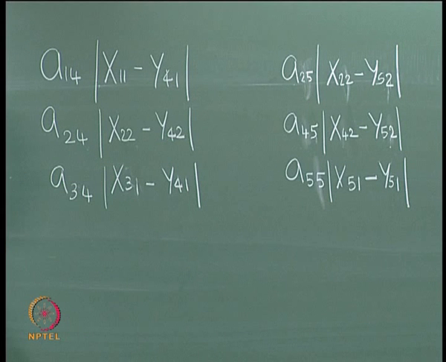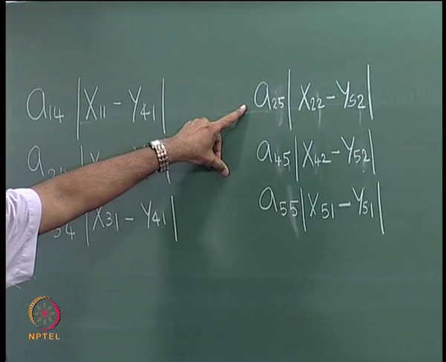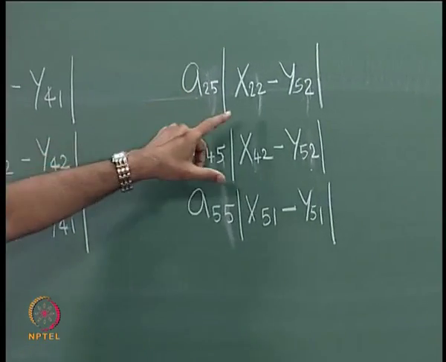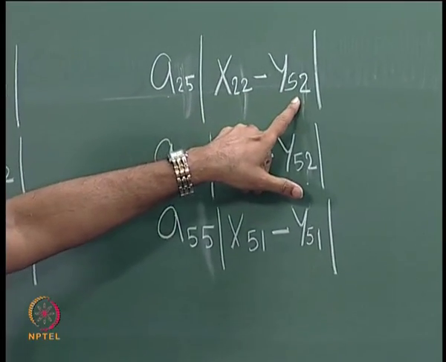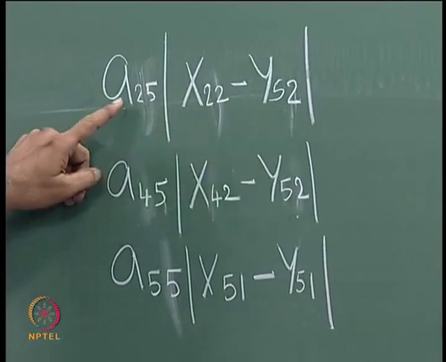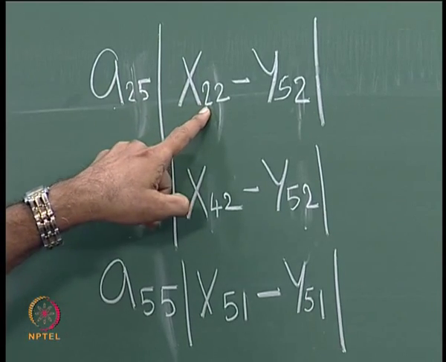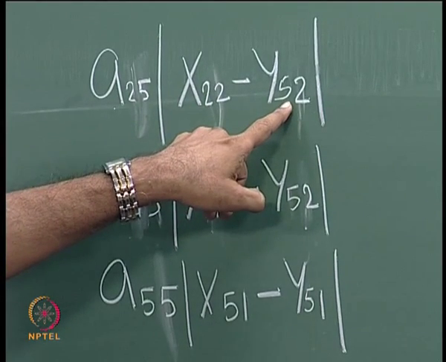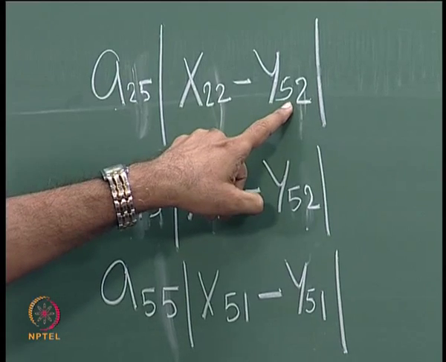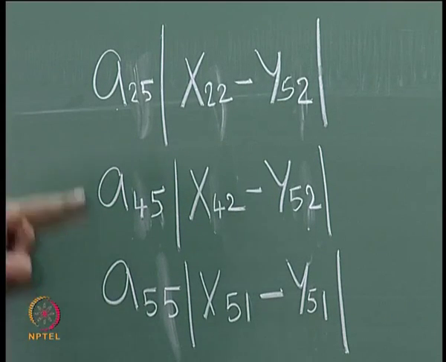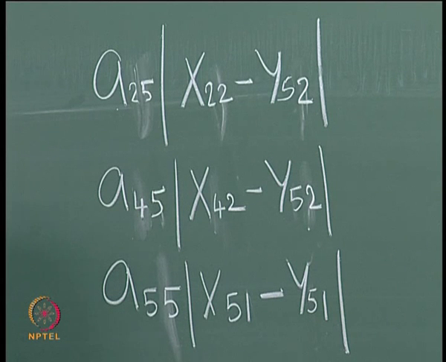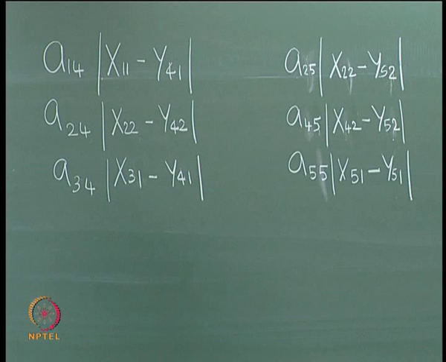Similarly, for the process plan 5 that is not chosen, it will compute 3 intercell moves, A25 into absolute value of x22 minus y52. Now A25 is 1 from the matrix, x22 is 1 from the solution, y52 is 0 because process plan 5 is not chosen. So there are 2 more intercell moves that it will calculate. So for the 2 process plans that are not chosen, it will effectively calculate 3 plus 3, 6 moves.